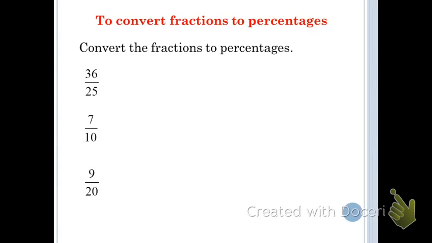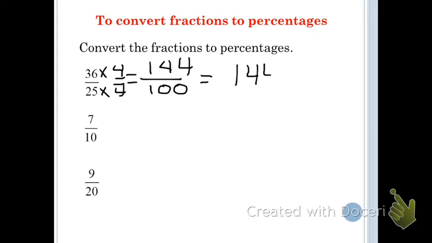Convert the fractions to percentages. 36/25ths. We want our denominator to be 100. So if we multiply the numerator and denominator by 4, 36 times 4 is 144. 144 hundredths would be 144%.